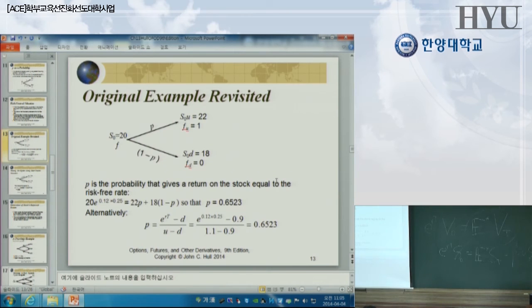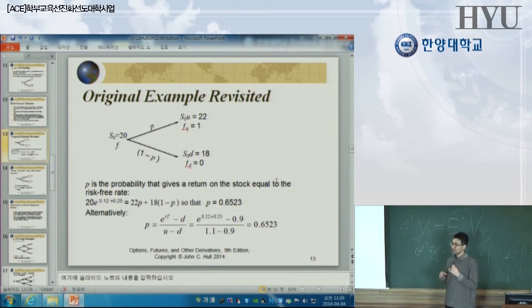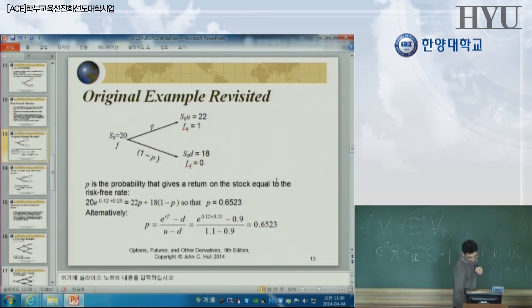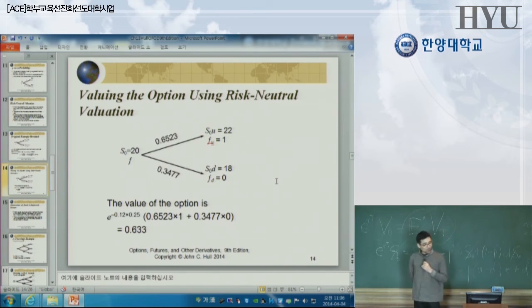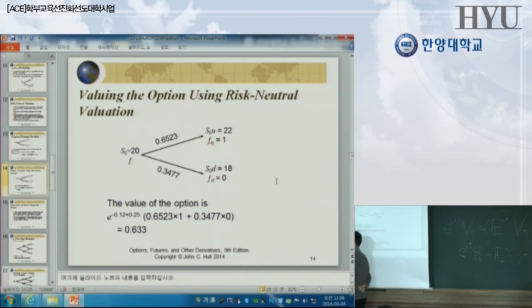Since we know the probability of up, now we can do derivative pricing. We simply apply this probability, which we extracted from the stock price, to derivative pricing. Valuing the option using risk neutral valuation: the up probability is 0.6523, so the down probability is 0.3477.